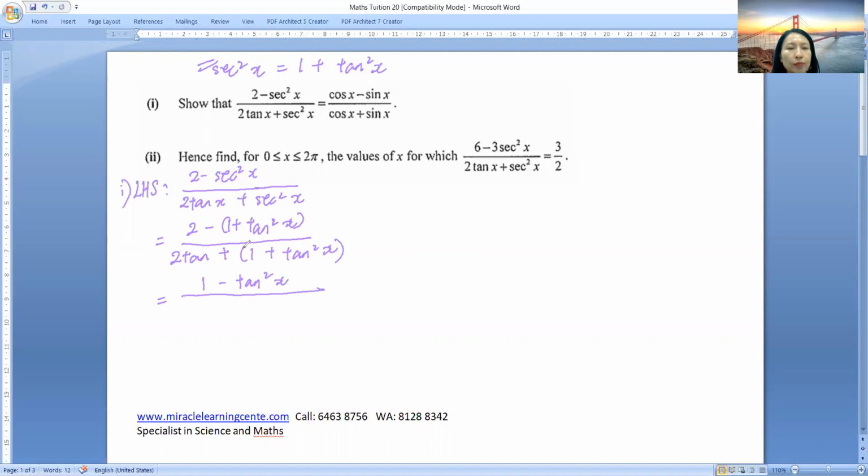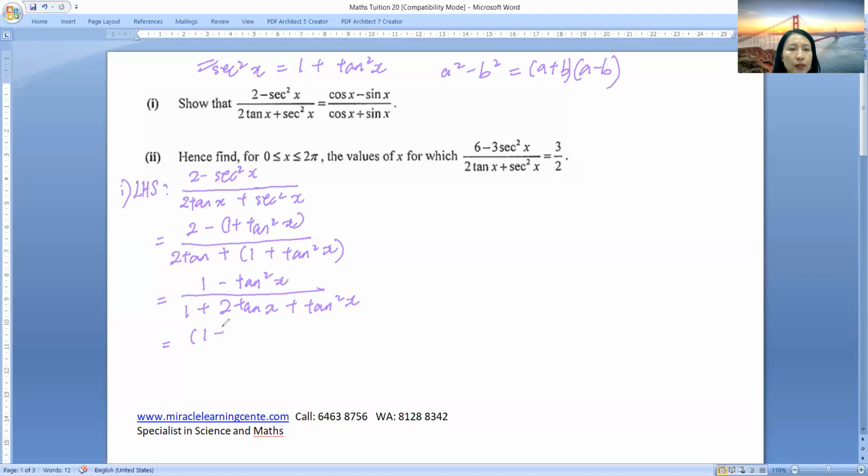Then at the bottom, if I slightly rearrange it, we actually have 1 plus 2 tangent x plus tangent squared x. So you can actually factorize the one at the bottom, and the top one follows the formula a squared minus b squared equals (a plus b)(a minus b). So we have some factors over here.